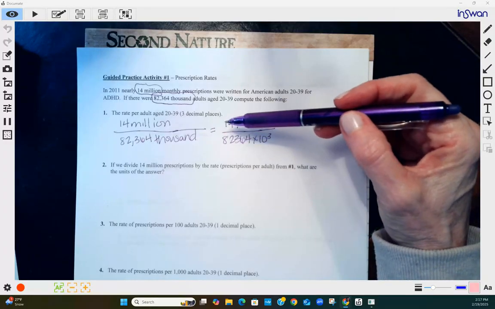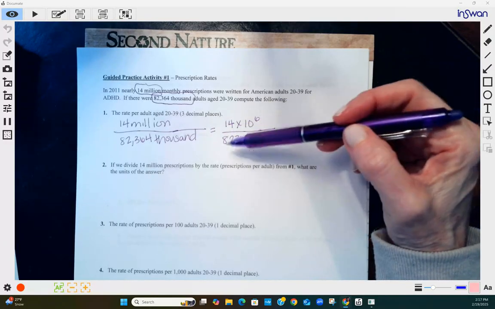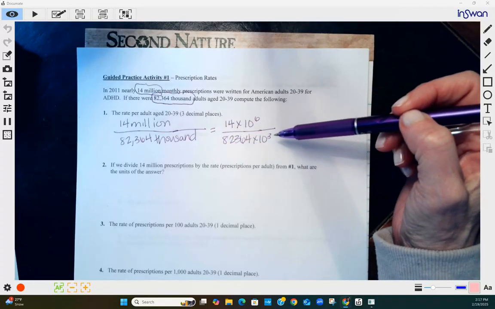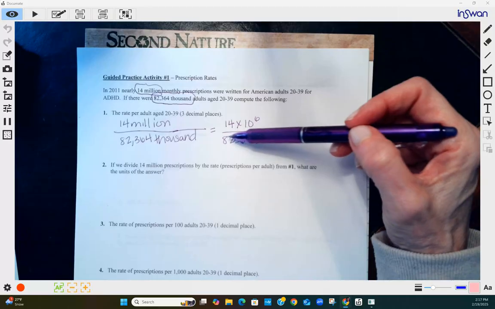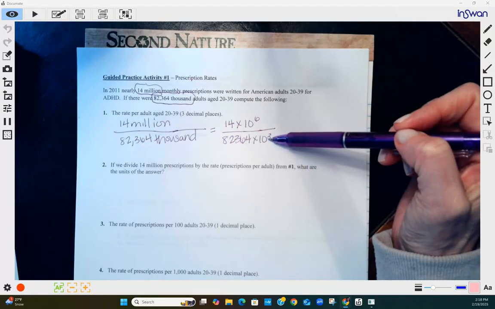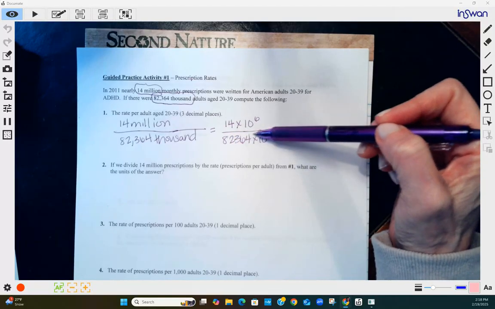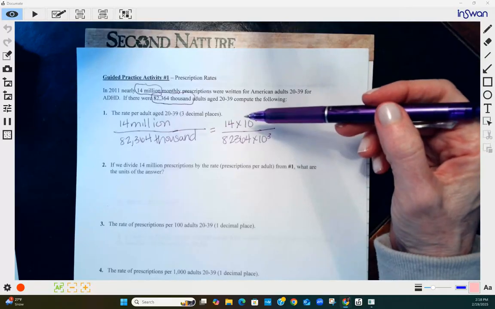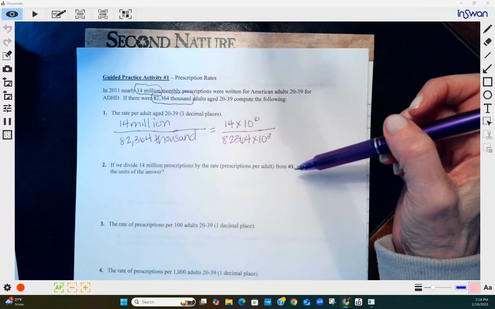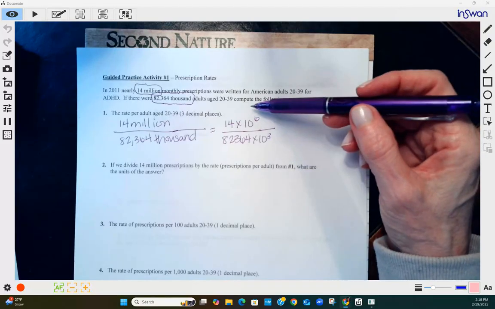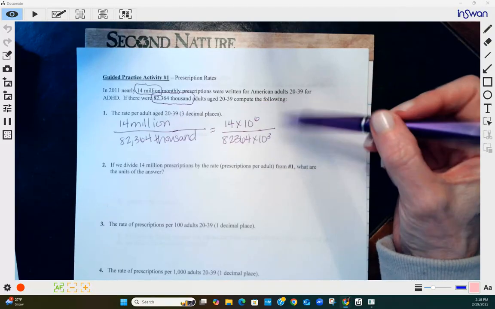You can type 14 times 10 to the 6th and get the true number, 14 million with all the zeros. And you can type 82,364 times 10 to the third, which just puts 3 zeros on the end of this number. Then you can divide them. So you do not have to use the shortcuts available with scientific notation, okay?